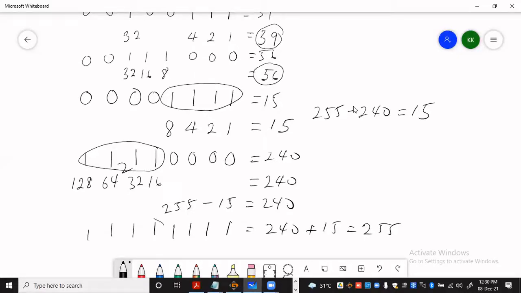The first 4 here is 240, or the last 4, and the first 4 here is 15. So if you add them together, you get 255.